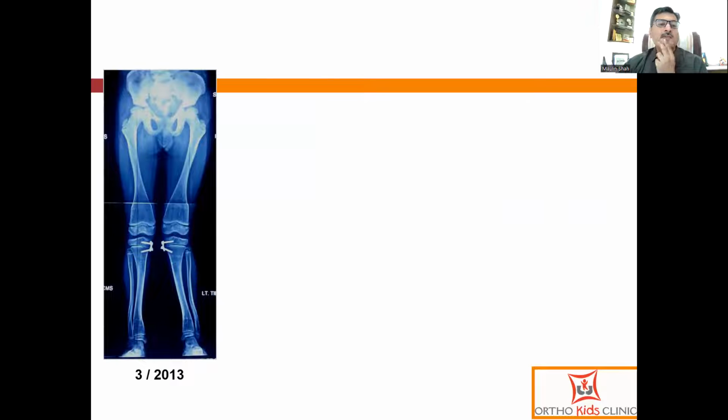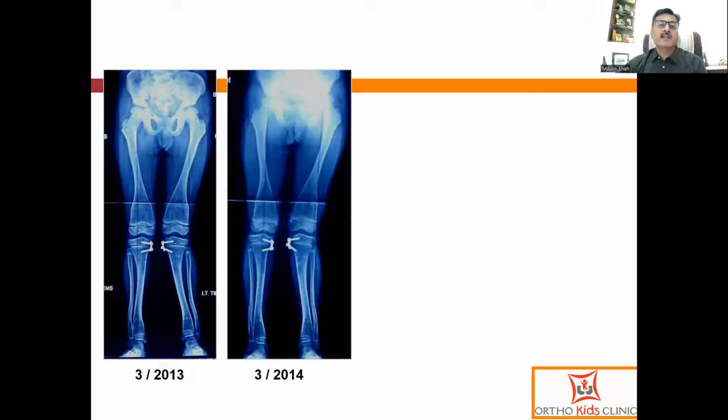You can see that the deformity is nicely getting corrected on the right side, but it was not getting corrected as speedily on the left side, probably because the metaphyseal screw on the left side is backing out. I still waited as the child did not have any problem with impingement or anything.